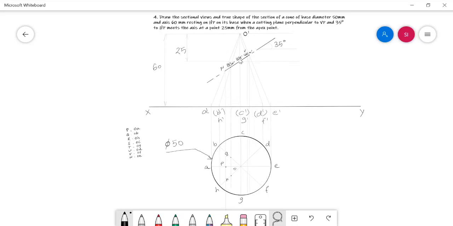And then S dash and T dash have the same projector. It is not possible to intersect this projector with the corresponding slant generators OC and OG in the top view. The same issue we faced in the pyramid problem, because of the nature of these generators. This generator OC and OG are perpendicular to XY in both front and top views, so it is not possible to mark the cut points S dash and T dash by simply projecting them.